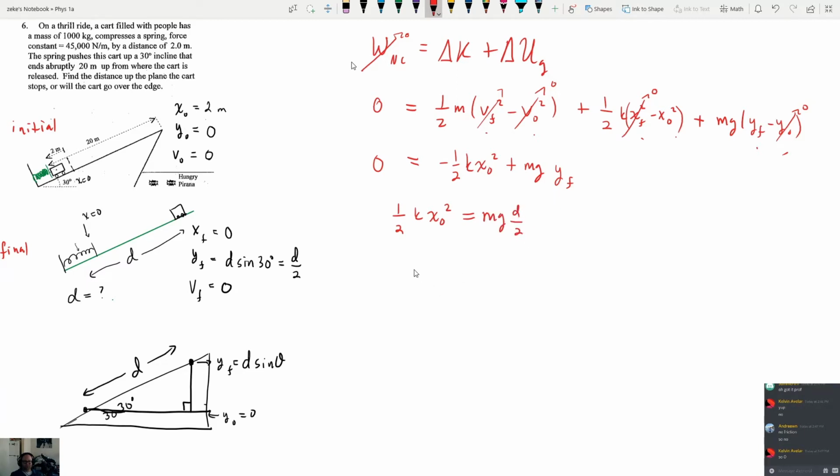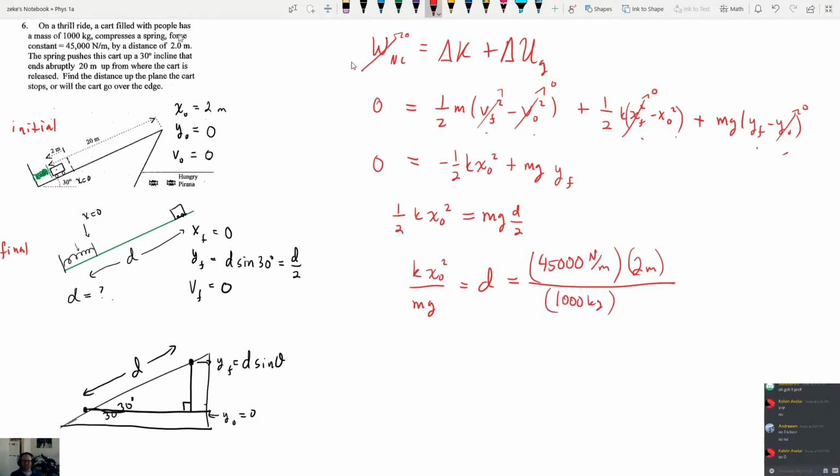We can solve for d, so we'll end up getting k x naught squared divided by mg should be equal to d, because the 2's cancel. So we're going to get k, which is 45,000 newtons per meter, times x initial, which is 2, divided by mg. The mass of the cart was 1,000.